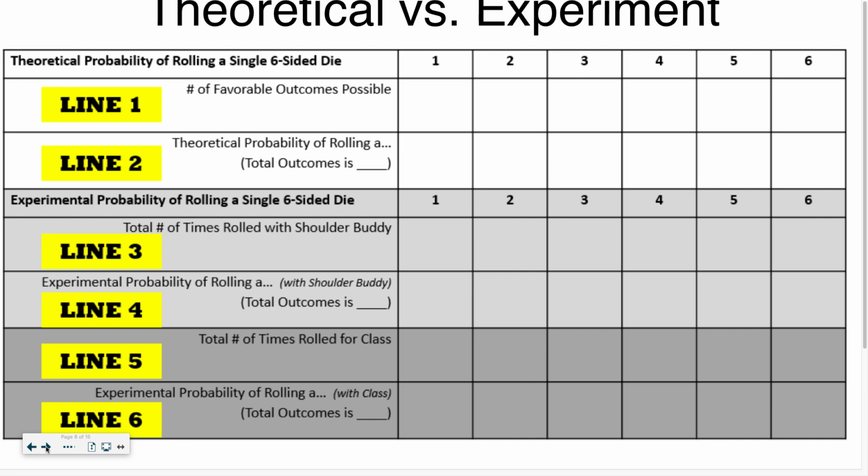We're doing the theoretical probability of rolling a single 6-sided die. And we want to know the probability of rolling a 1, a 2, a 3, a 4, a 5, a 6. Okay, so line 1 is the number of favorable outcomes. How many favorable outcomes are there on a 6-sided die for rolling a 1? 1. And a 2? 1. And a 3? 1.